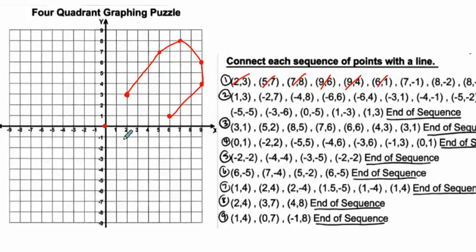7, -1. I'm going to go over to 7. -1 is to go down. Connect. 8, -2.